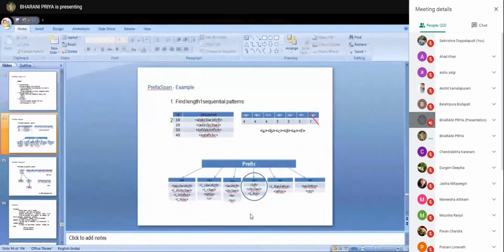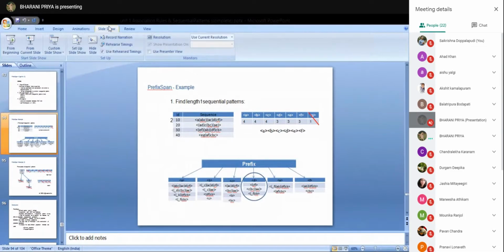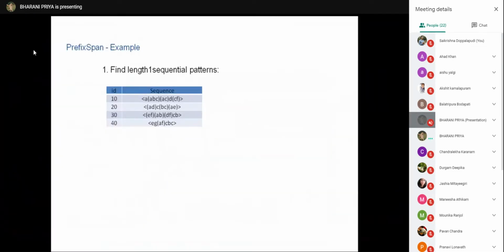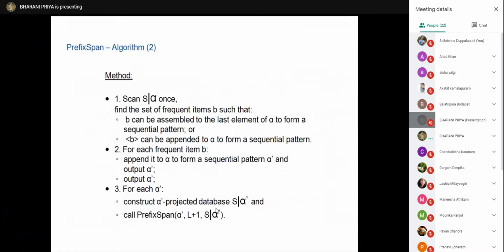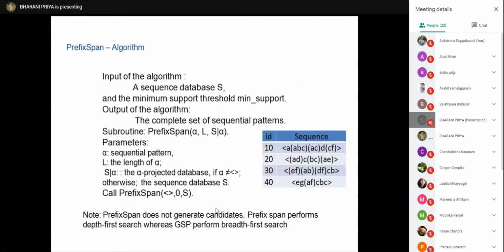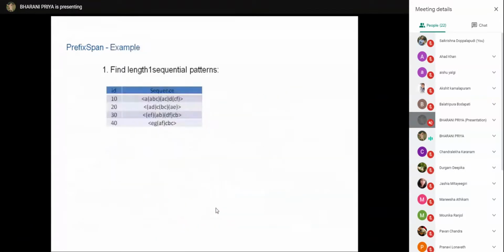Now, this is the example. Find the length of all one sequence patterns. I think I have given the minimum support, right? Let the minimum support be 2.